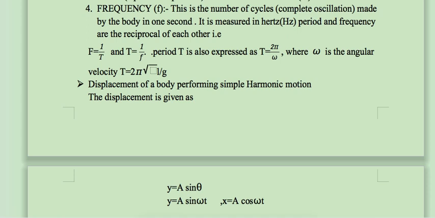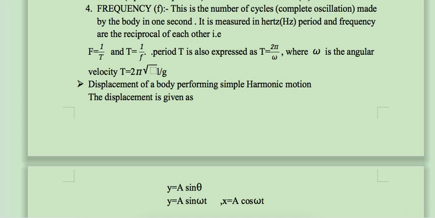From our idea of circular motion, we know that theta is always equal to omega t, where omega is equal to theta over t.